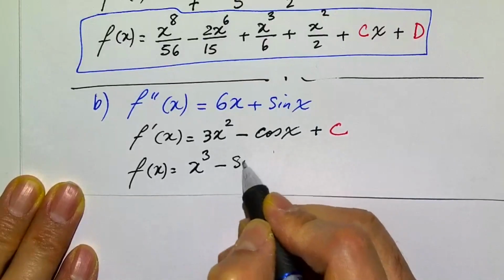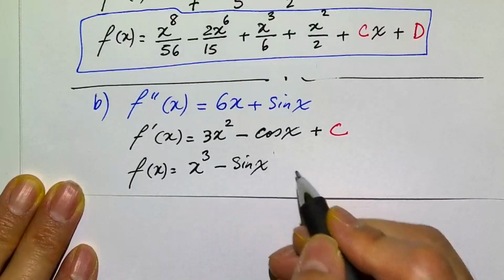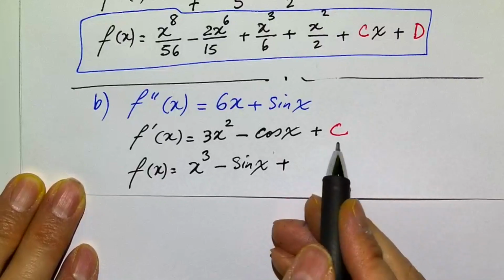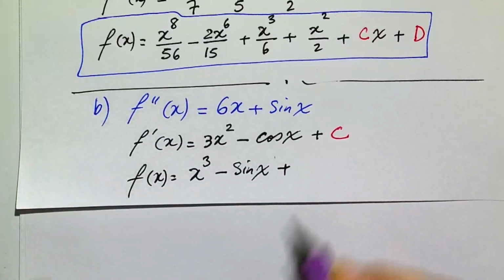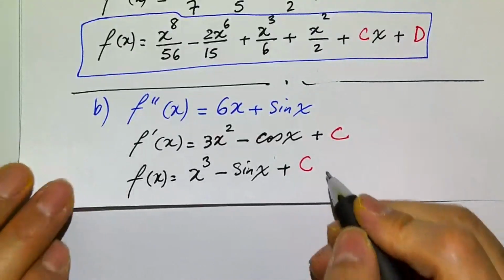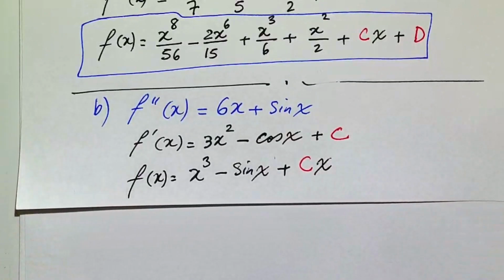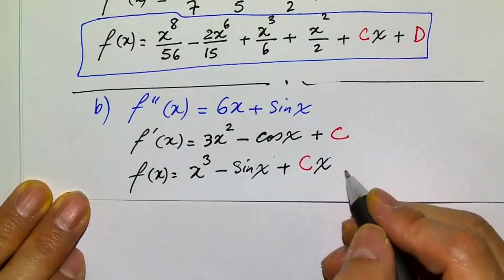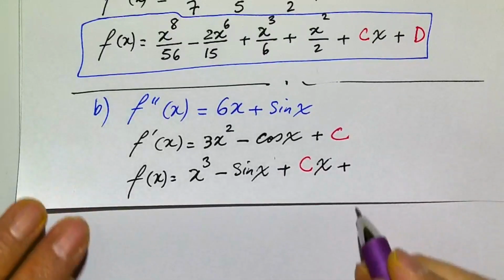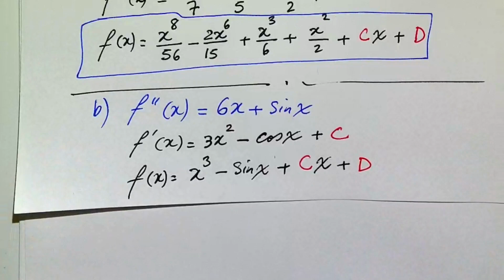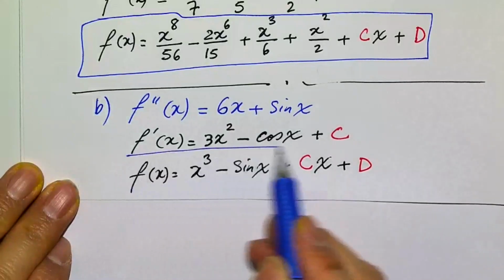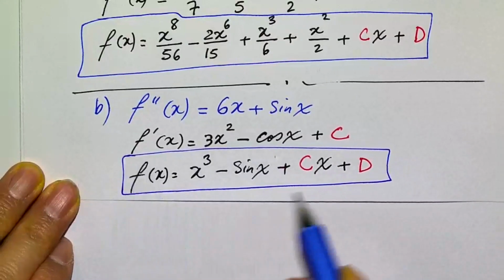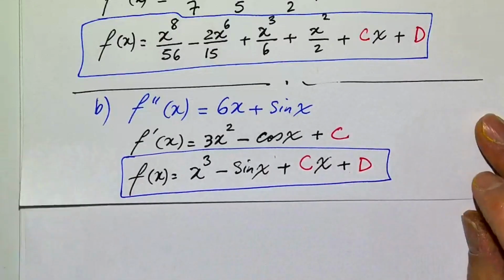And so minus sine of x plus c. If there was a constant there, then we must have had a cx here, and you find the derivative of that, you get c. And then, of course, plus another constant that may have been there, which let's call it d. And that's the antiderivative of that.